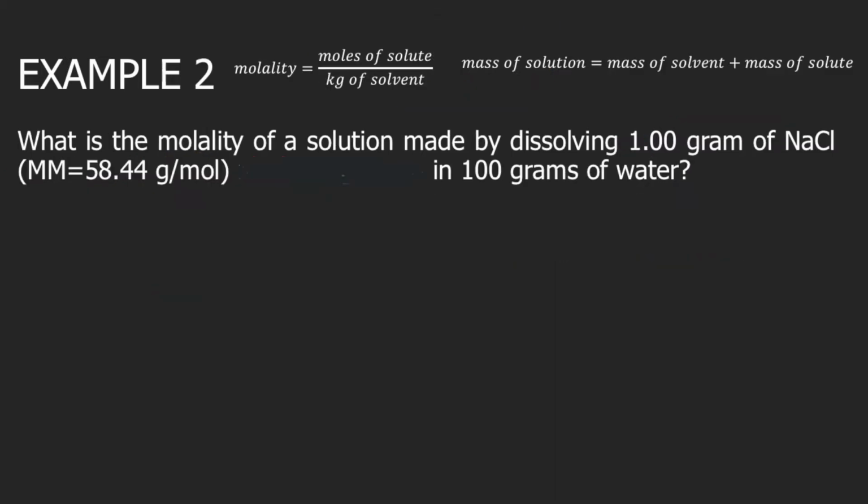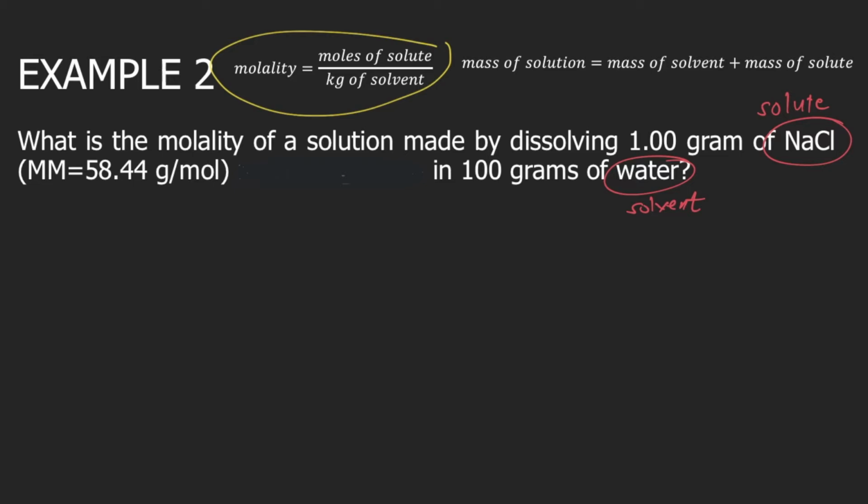Example 2, what is the molality of a solution made by dissolving 1 gram of NaCl in 100 grams of water? So NaCl is the solute and water is the solvent. We will still use this formula to solve for molality. However, we are not given the moles of solute.